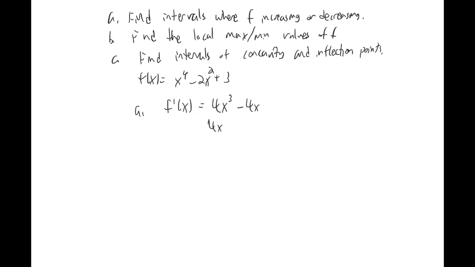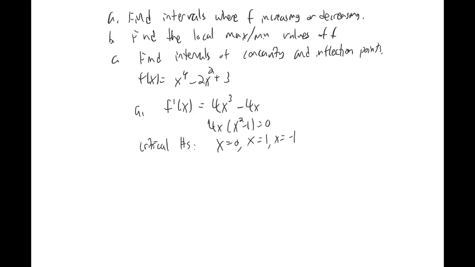Let's figure out when it's 0, because once you're above 0 or below 0, that means you're positive or negative. So from here, you get x equals 0, x equals 1, x equals minus 1. These are my critical numbers. Critical numbers is when you set the derivative equal to 0.